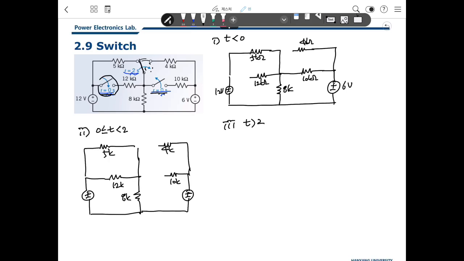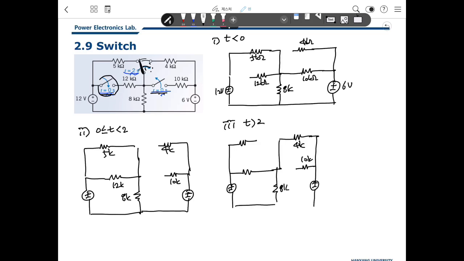I mean, actually this is moved from here to here. That is the second.